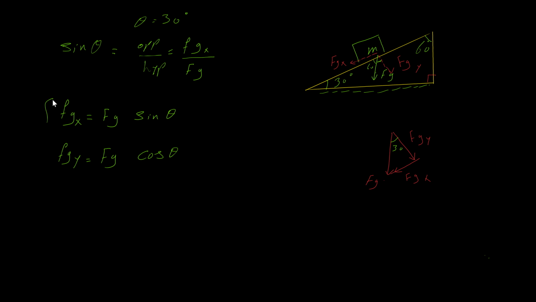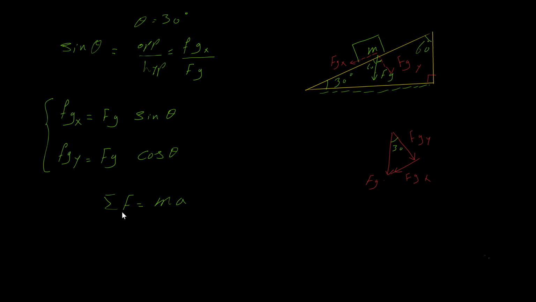Now that we know what the two components are, we can say on this ramp, on this incline, assuming that there is almost zero friction between the surface of the incline and the object, we know sigma F is equal to ma.